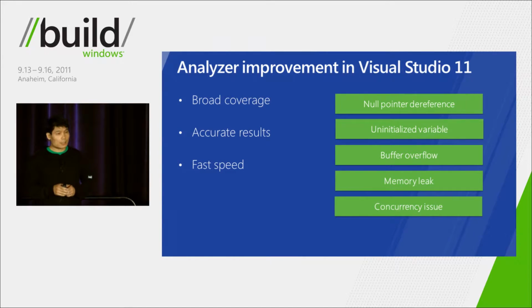As I mentioned earlier, because you can clarify the contract and the analyzer is lightweight, you are able to run code analysis repeatedly during your development process to make sure you don't introduce new defects. And you can do that without significantly slowing down your build.